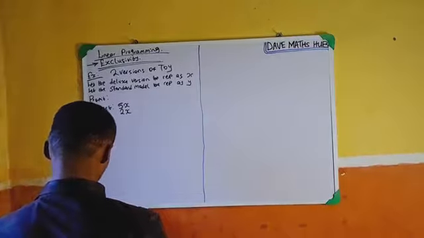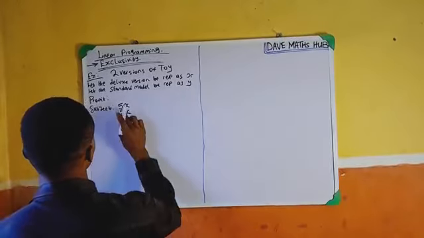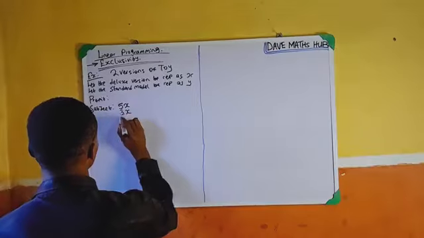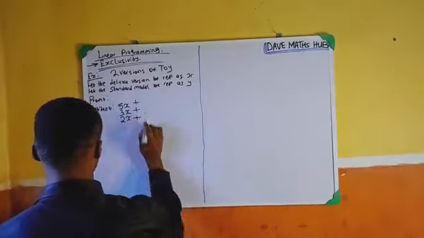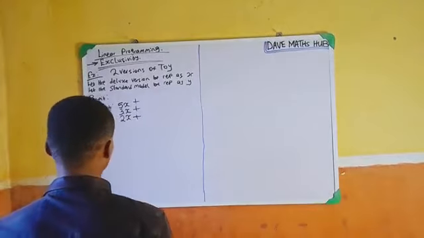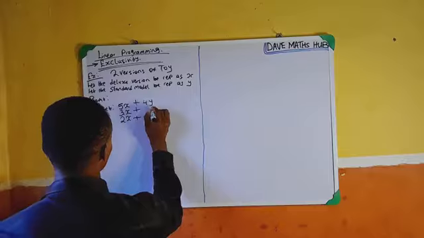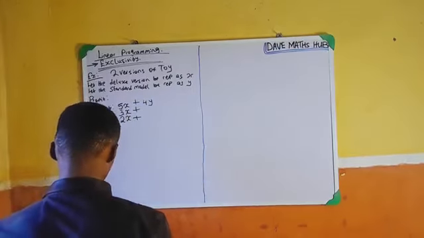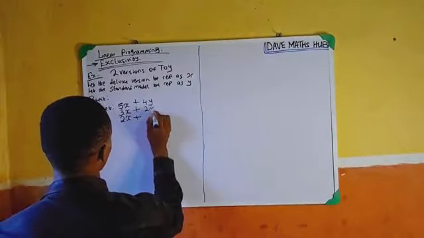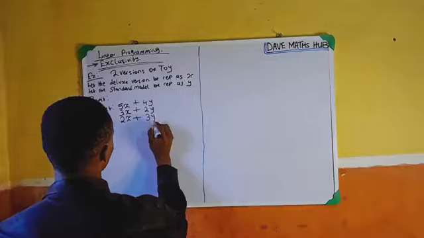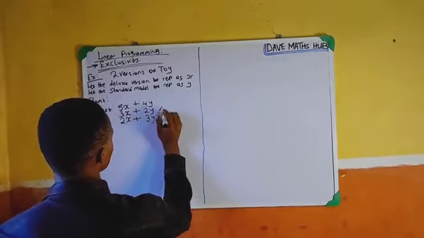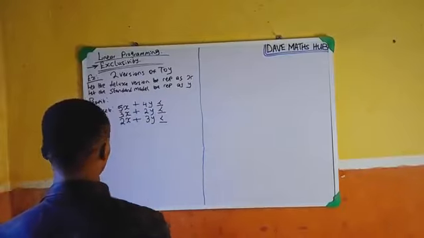Then the standard uses 4 units of material, 4y, 2 hours of machine time, 2y, and 3 hours of unskilled labor time, 3y. So this is a maximization problem, less than or equal to.